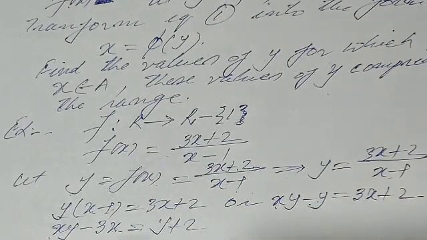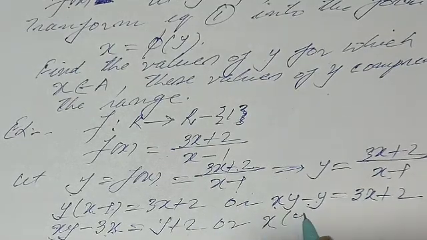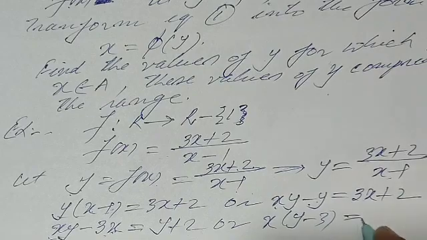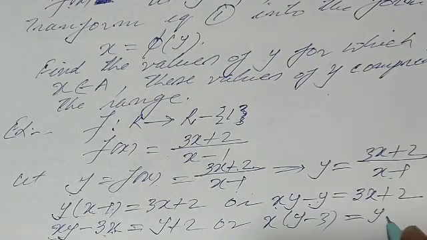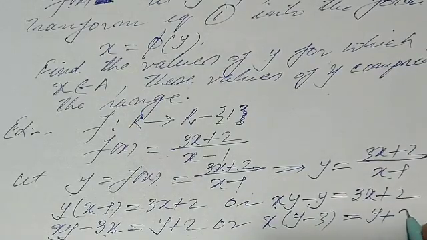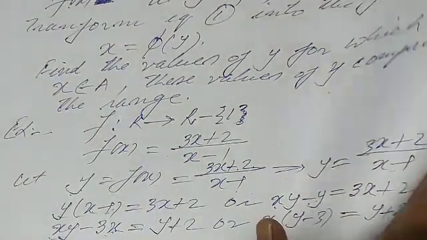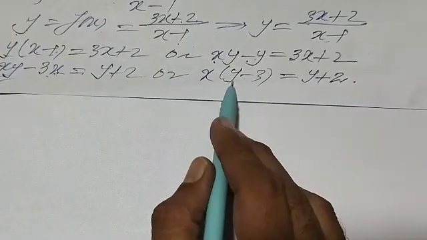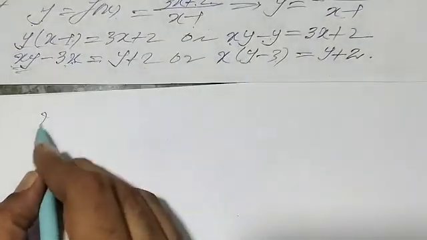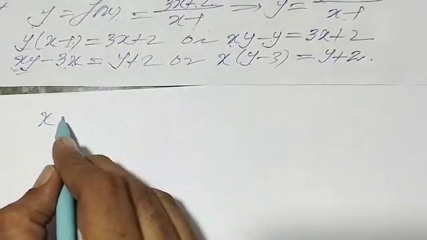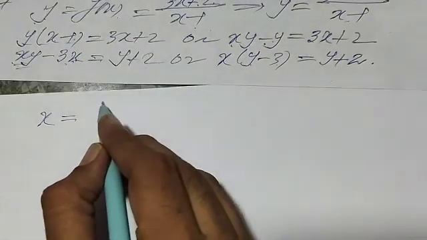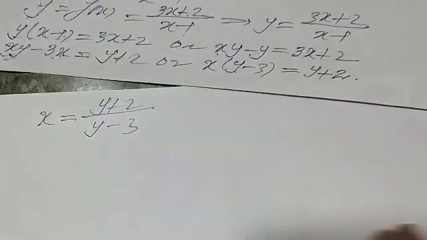So taking x common out of these two terms, we have x(y minus 3) is equal to y plus 2. Proceeding from this step, transposing y minus 3 to the right hand side, we have x is equal to (y plus 2) upon (y minus 3).